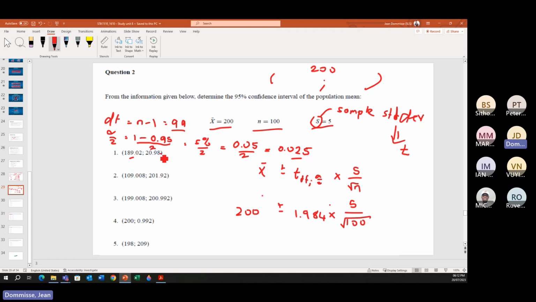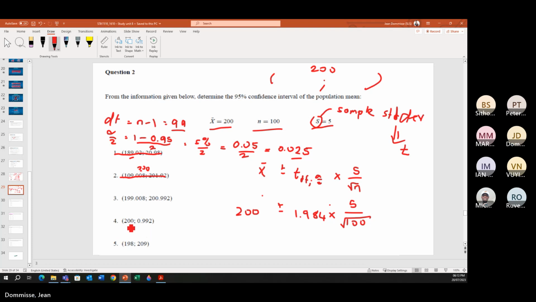It's not. Option 1, it is not. Okay, smaller than 200, yes. Bigger than 200, yes, but surely that gap is big. Remember that the 200 must be in the middle. Here it is only 1.92 bigger, and there it is like 91. So the chances that that is also correct are very slim.